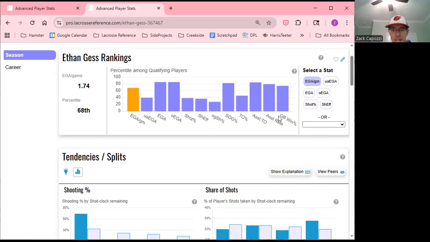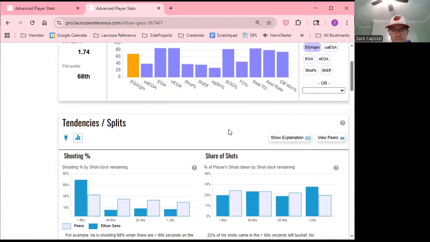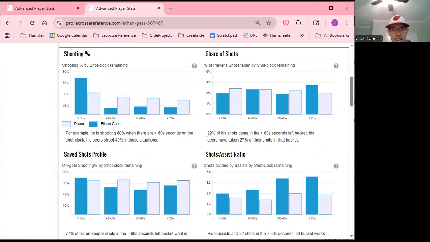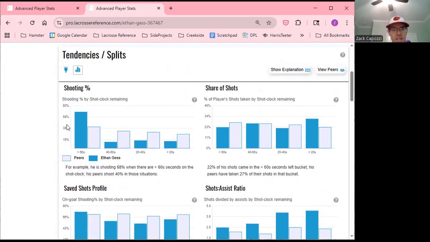So you get a picture of another player that's more successful as a facilitator than as a finisher. We take a similar approach here and say, okay, where does he differ the most from that peer group? And then how can I use that to build out a development plan for how I want him to think about decision making and where he's had success and where we think he can have more success.